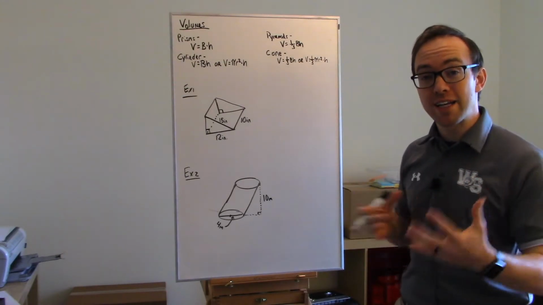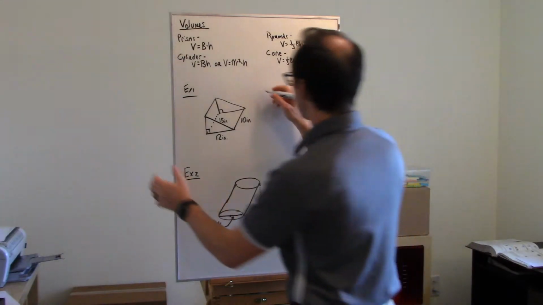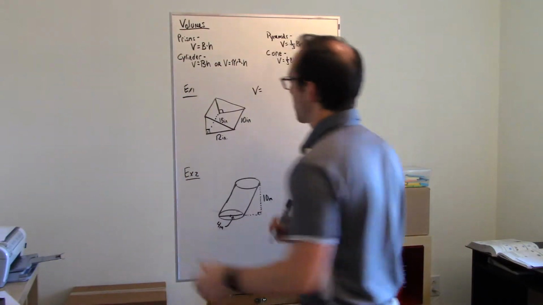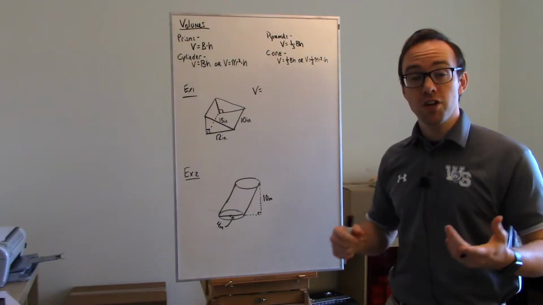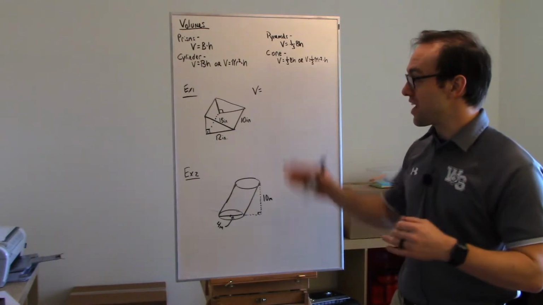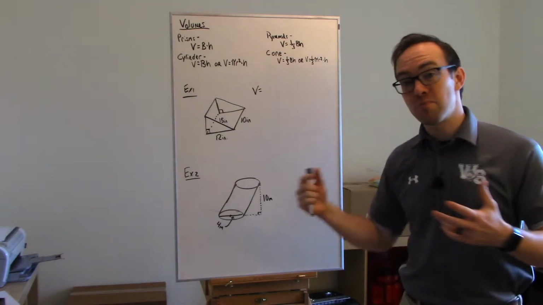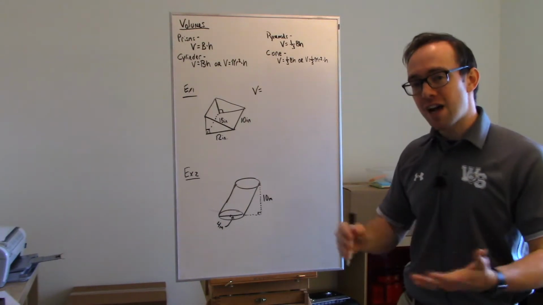Example 1, we're going to be finding the volume of this triangular prism. The volume is the area of the base times the height. Because this is a triangular prism, we are going to be finding the area of the base, or that triangle, times the height.